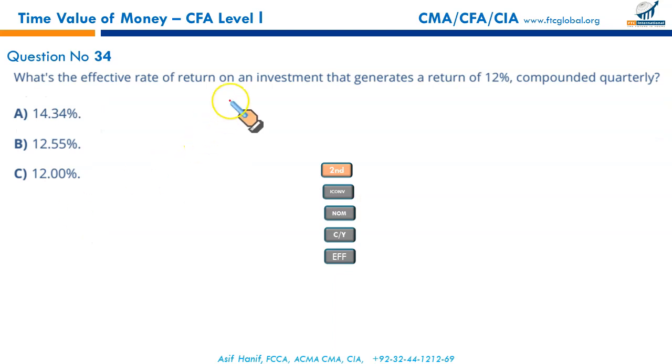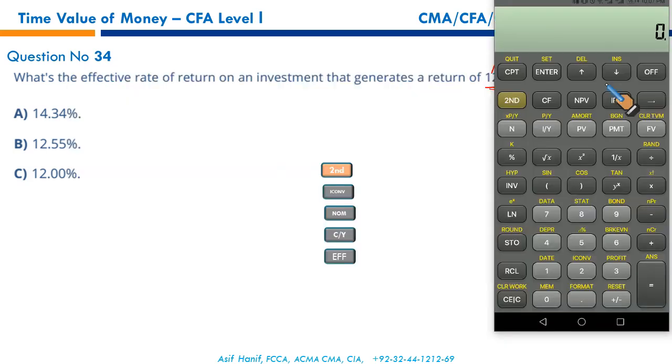What is the effective rate of interest on an investment that generates 12% APR, annual percentage rate, compounded quarterly? Now for this, let us do this with the calculator function. Here we go. How do we convert our 12% compounded quarterly into effective rate? For this, you press second, interest rate conversion.